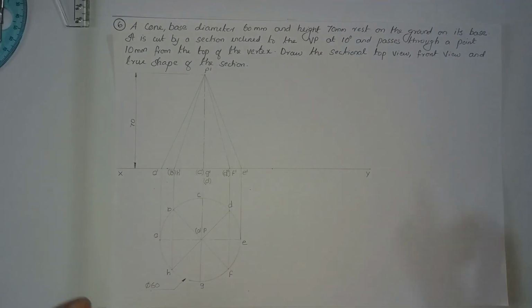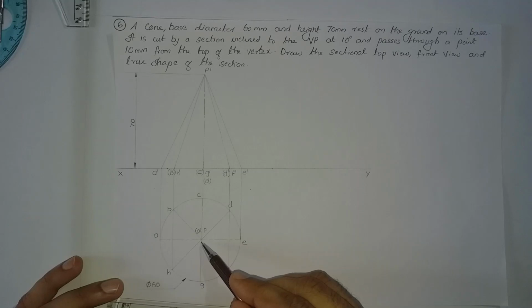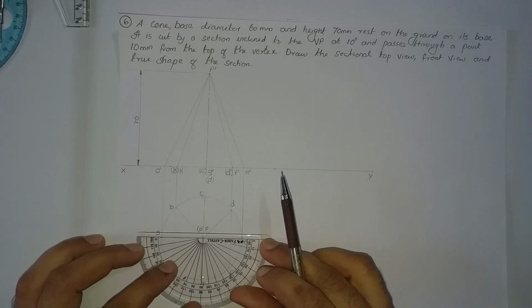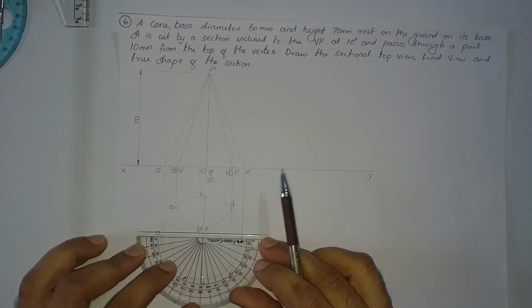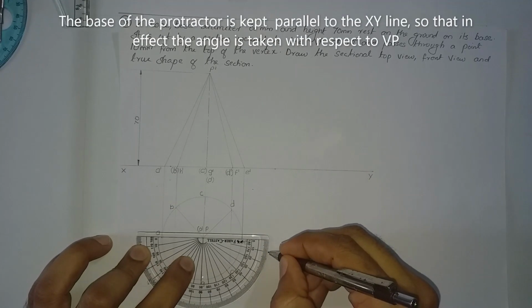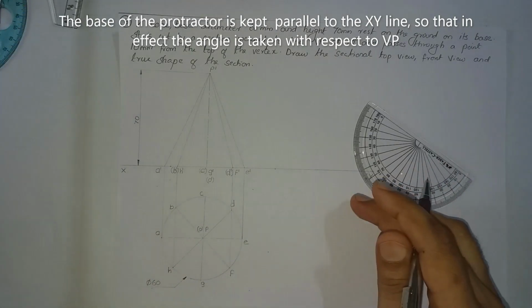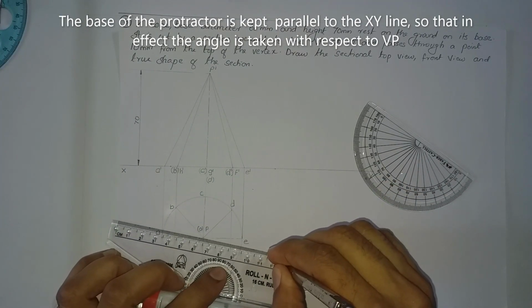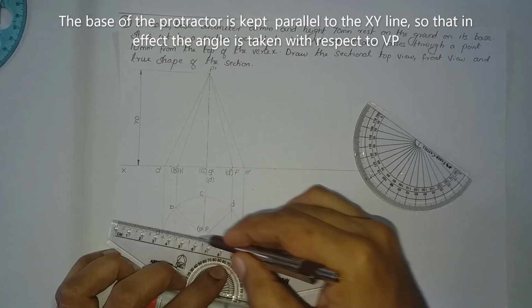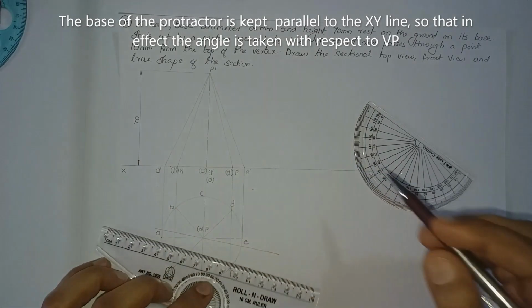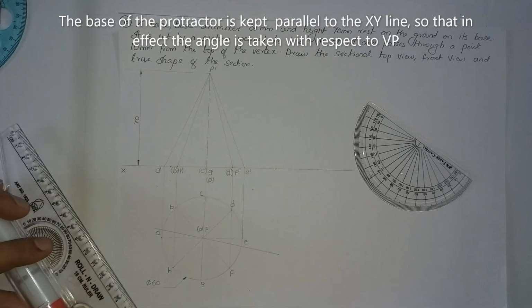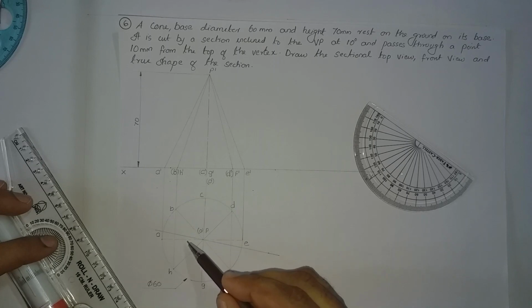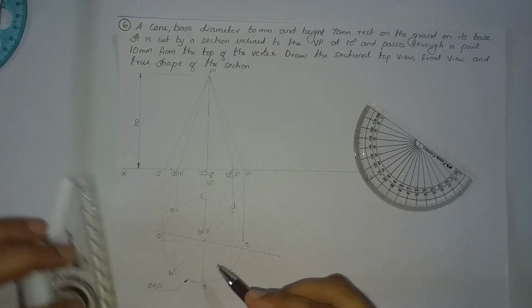Draw a 10 degree line through the vertex, which is point P. Draw a thin line. Now take a perpendicular distance of 10 mm in front of the vertex.